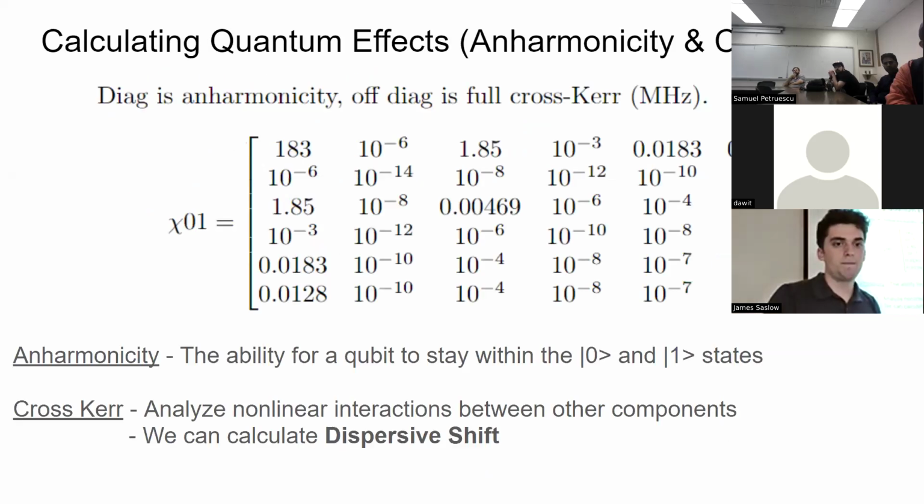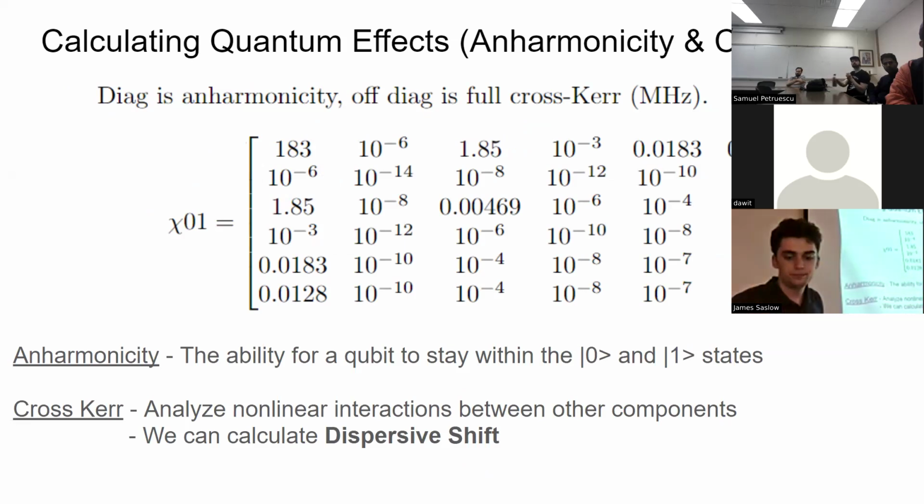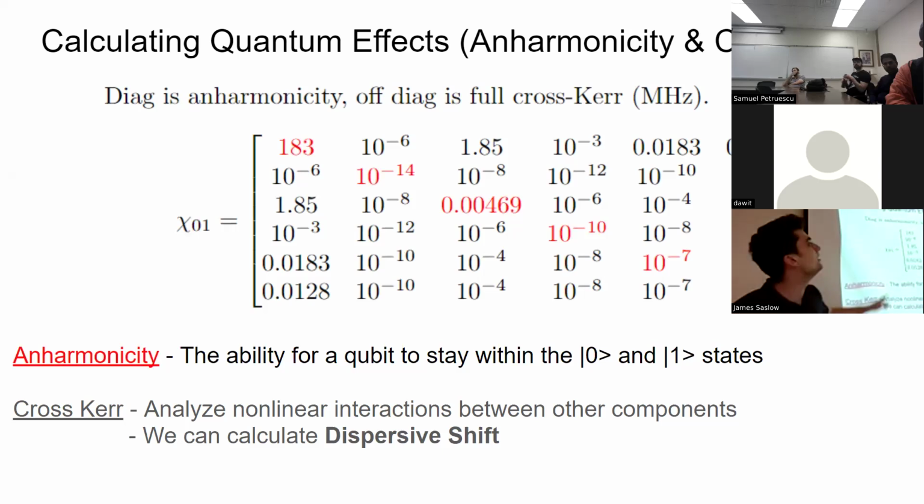And you can also use EPR to calculate quantum effects, so anharmonicity and cross-Kerr. So I get back this matrix here, this chi matrix, and we find that the diagonals of this matrix are the anharmonicities of each element. All that anharmonicity is, well, a way to put it in short, is an ability for a qubit to stay within the 0 and 1 state.